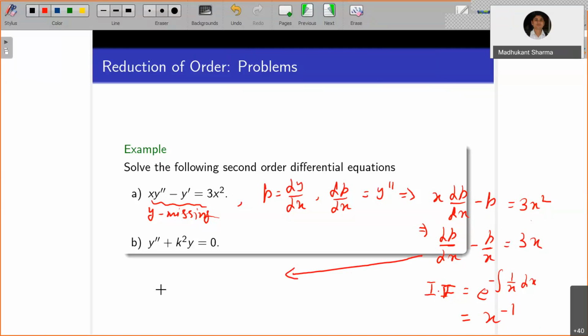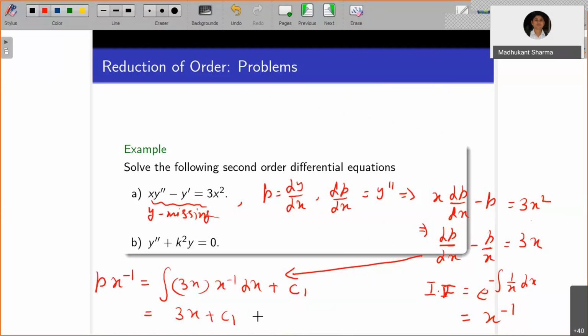Now you can write the final solution of this equation. The solution will be p times x to the power minus 1 equals integration of 3x times x to the power minus 1 dx plus some arbitrary constant, let me say C1. So x will get cancelled, and your integration is 3x plus C1.